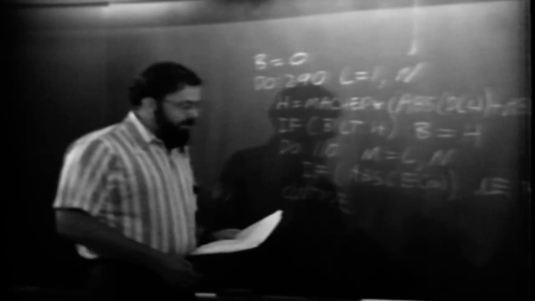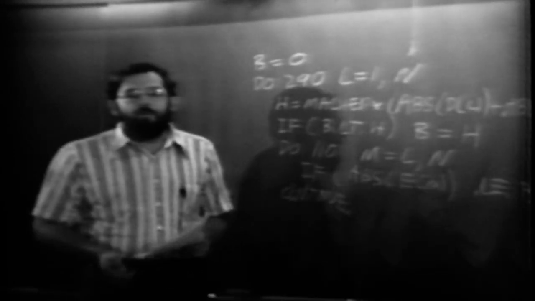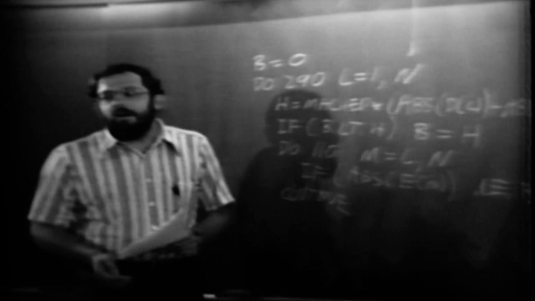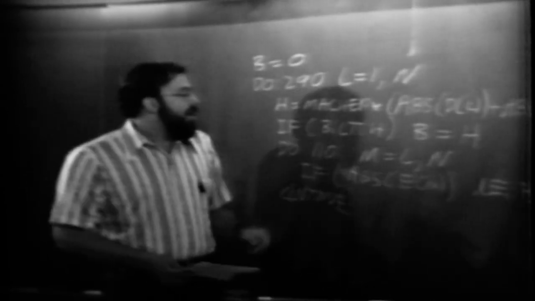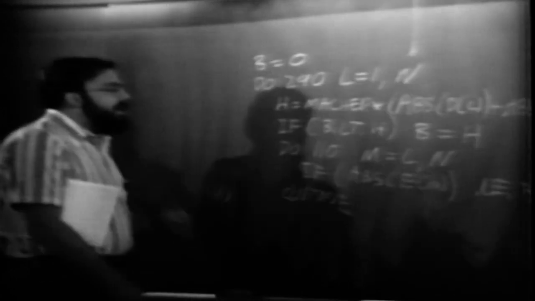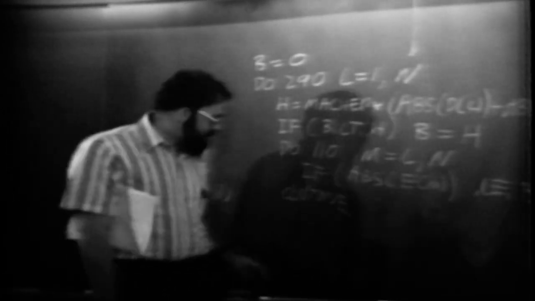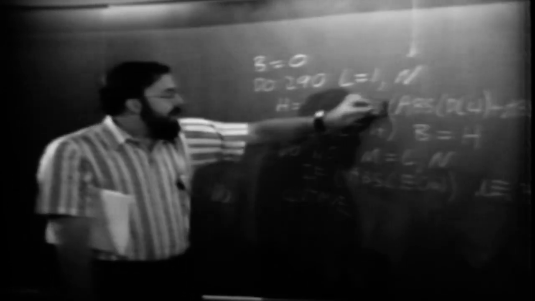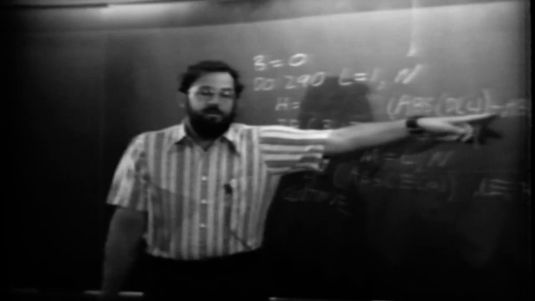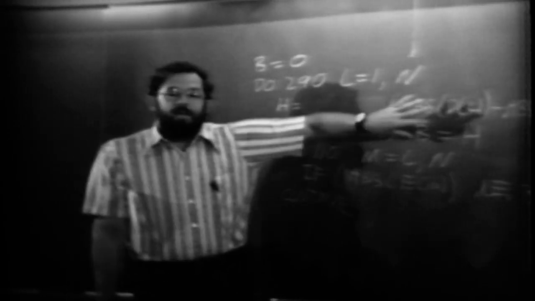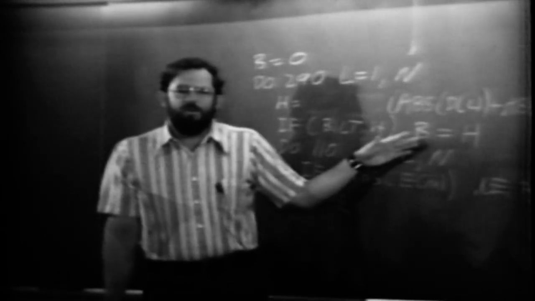Now, let me modify this now to indicate, I think if we were programming this today, how we would get rid of the Macheps. Instead of taking Macheps times these maximum elements, let's just get rid of the Macheps. Right? So B is sort of the norm of the matrix we've been working with so far.